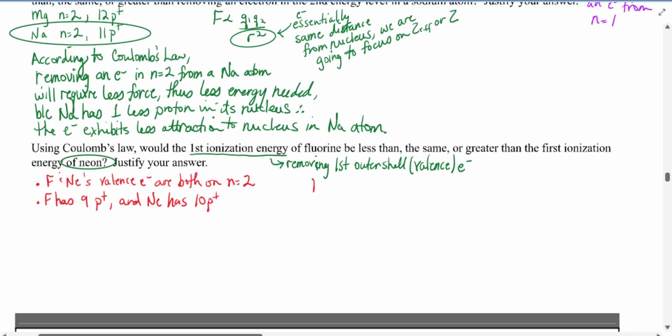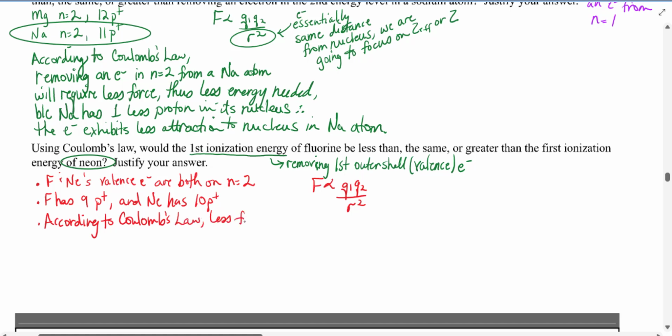We are going to write Coulomb's law down, okay, so we can refer to it. According to Coulomb's law. Coulomb's law. I'm already thinking ahead.